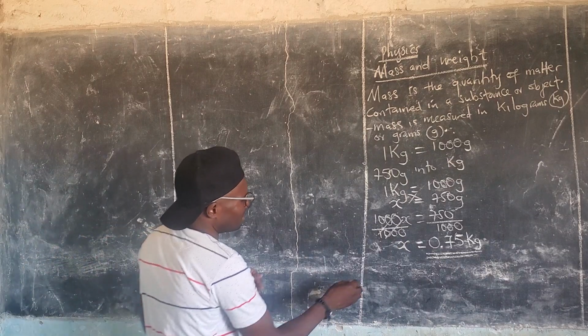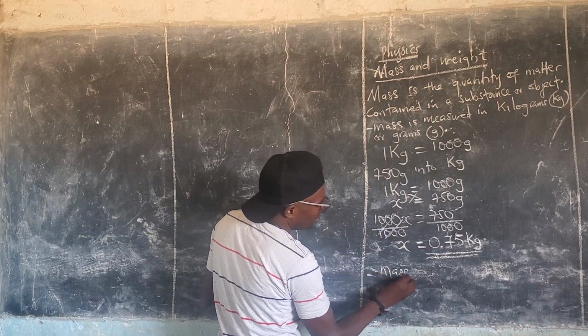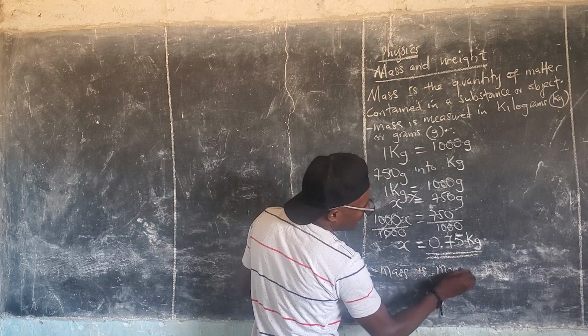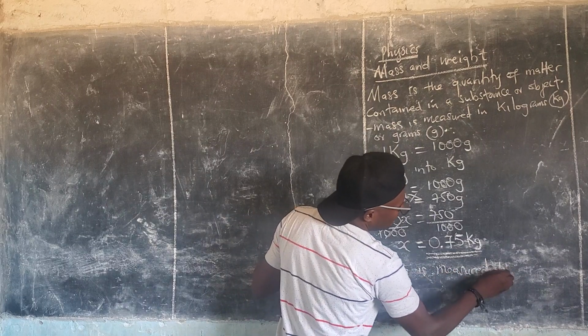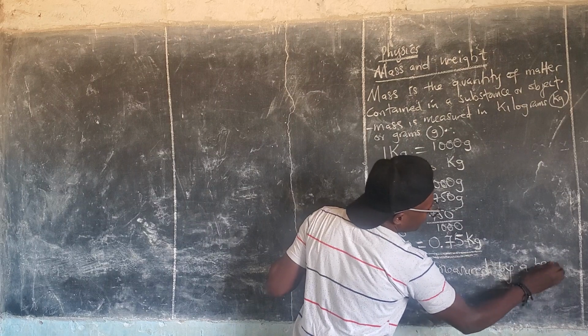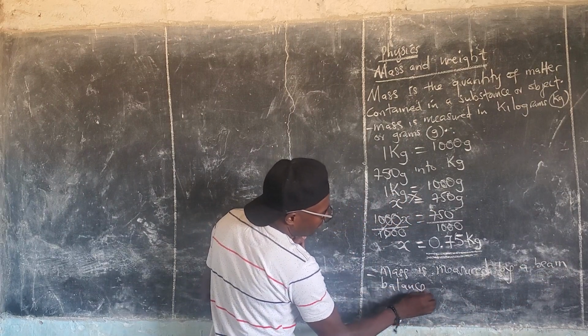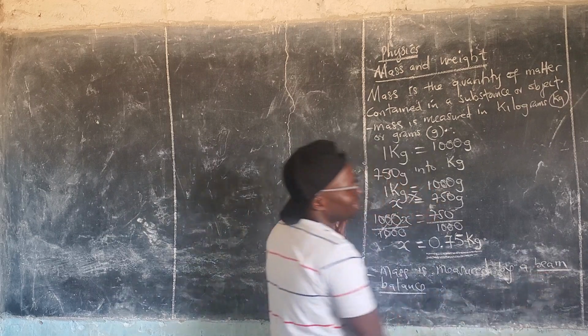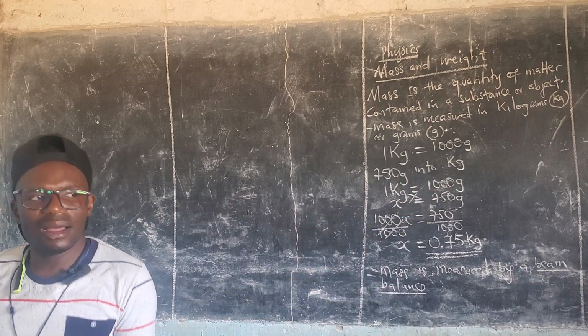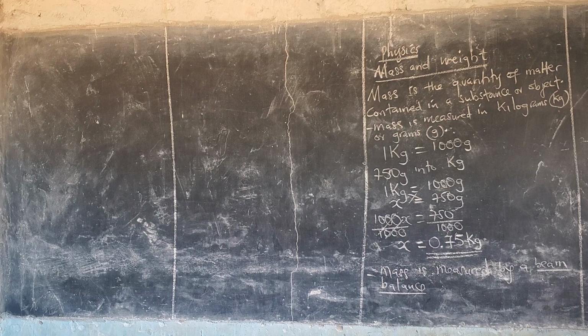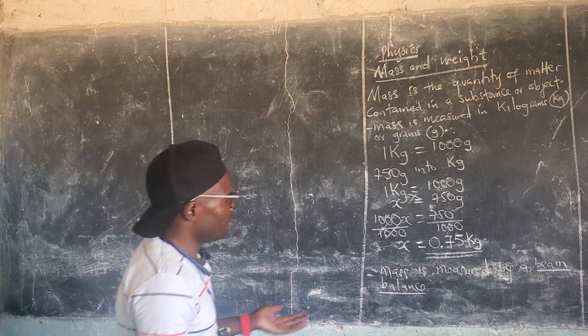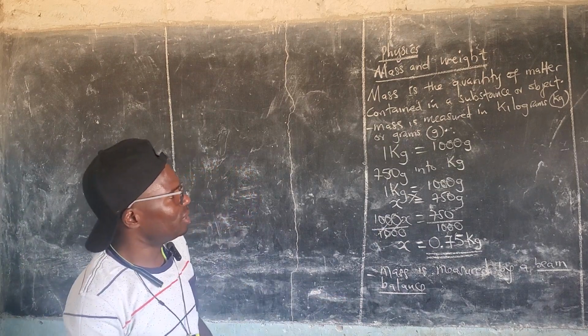And then mass is measured by what? Mass is measured by a beam balance. A beam balance is the one which measures, but there are other devices that can measure mass, for example electronic beam balances, like the ones they use in butcheries.